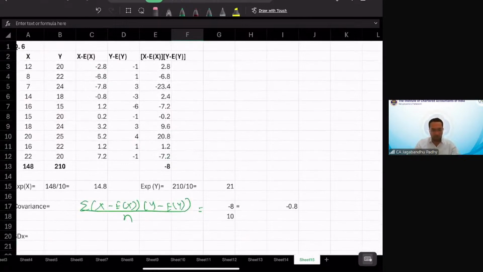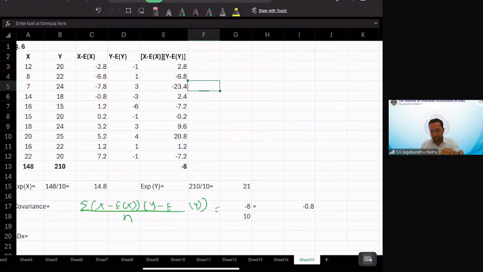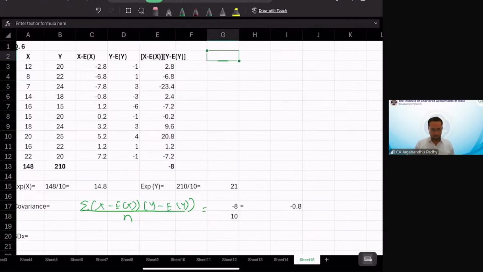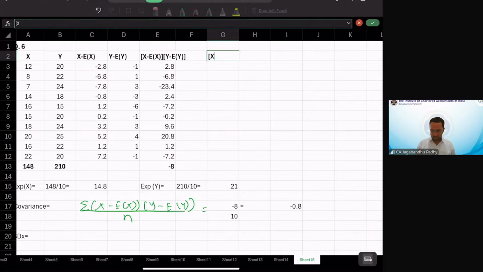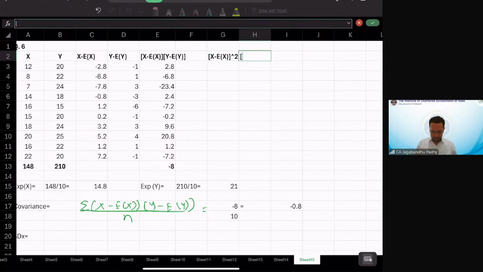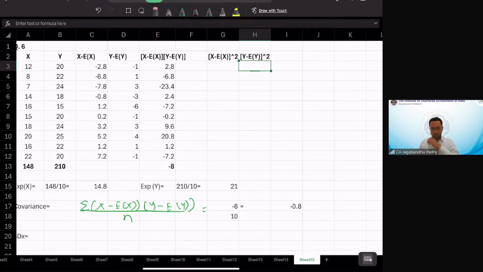Okay. Now to compute the standard deviation, since we have already done x minus expected value of x and y minus expected value of y, we can simply take this term, which is x minus expected value of x, squared. And the same way we can have y minus expected value of y, squared.